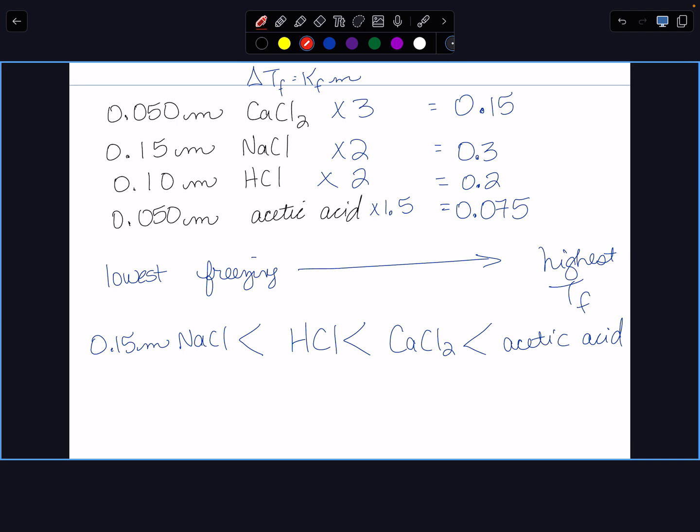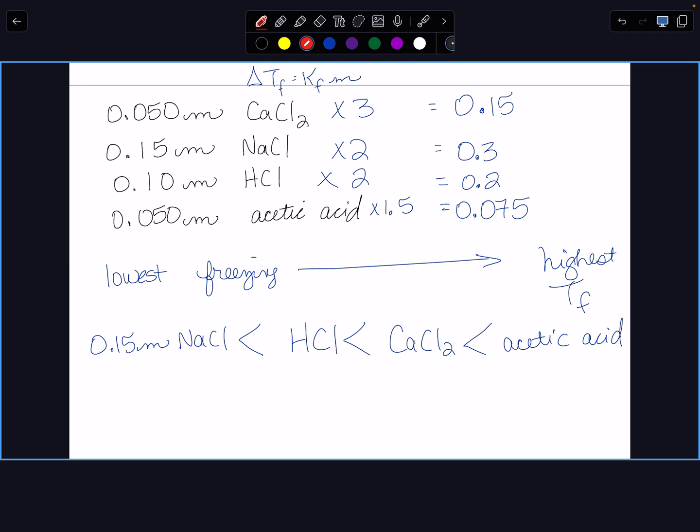Okay. I have another question for you. Look right here at our freezing point lineup. What if one of my solutions wasn't really a solution at all? What if I had pure water as a choice up there? What I want to know from y'all is, where does water fit into this hierarchy of freezing points? It'd be the highest. Tell me why.